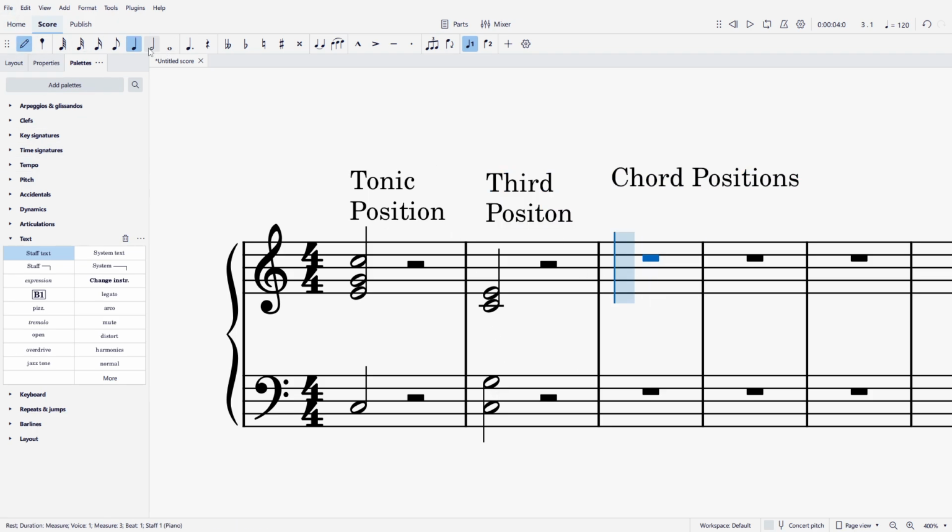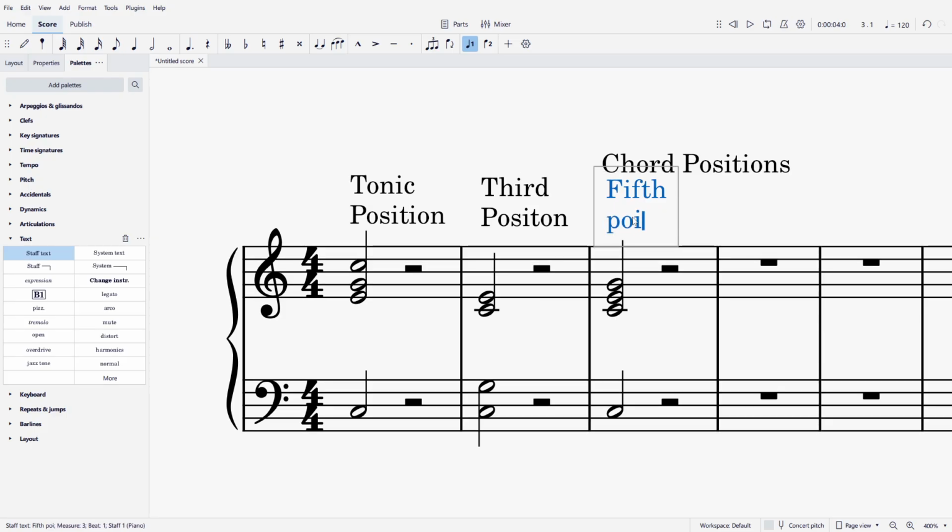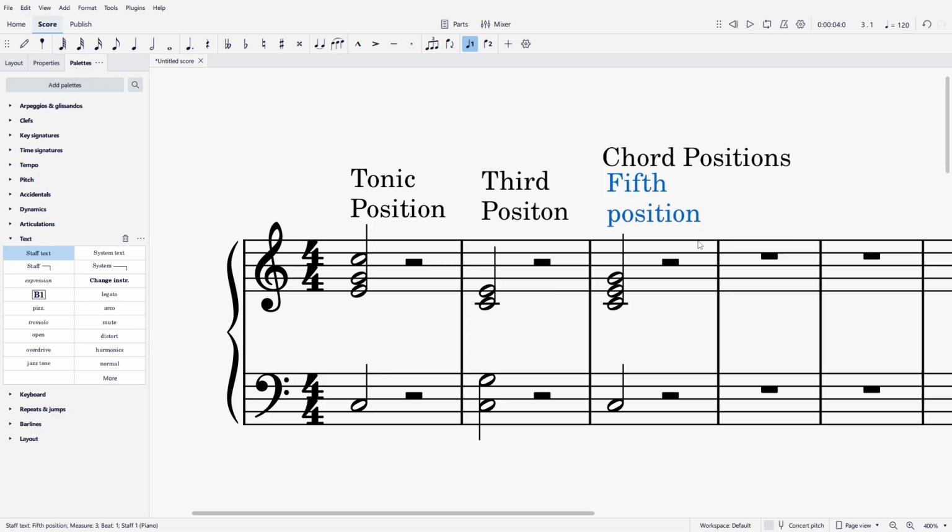And the final position is a dominant position, or a fifth position. So let's hear the difference. You can hear there's a decent difference, because when the highest note is something that isn't a tonic or a third or a fifth even, we'll have a different feeling.